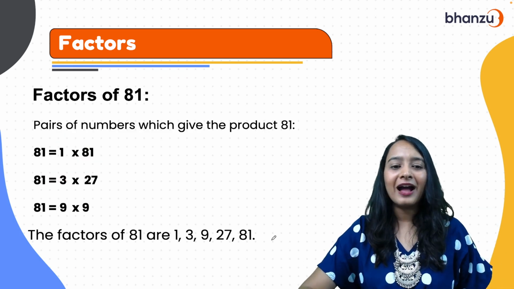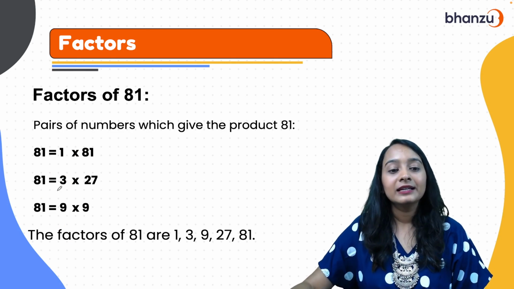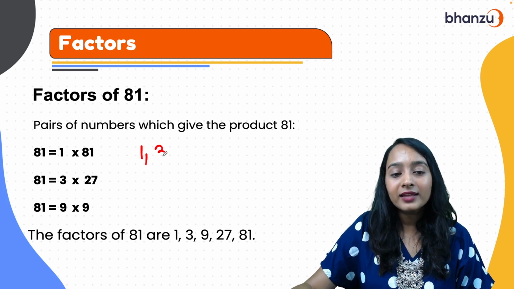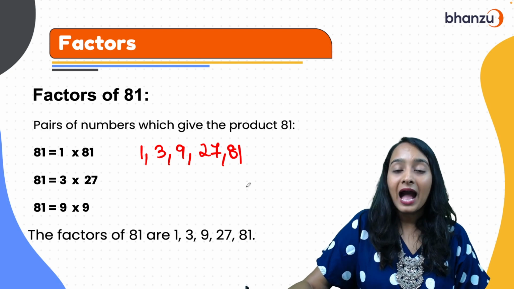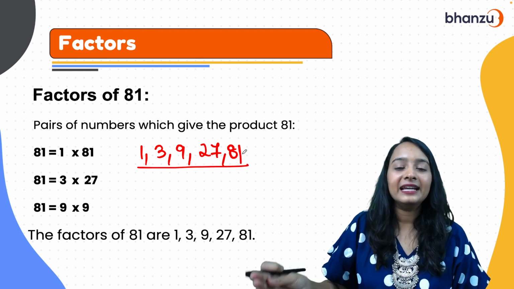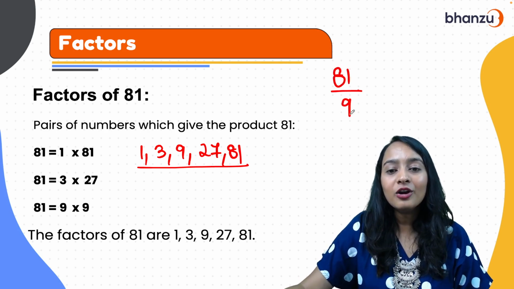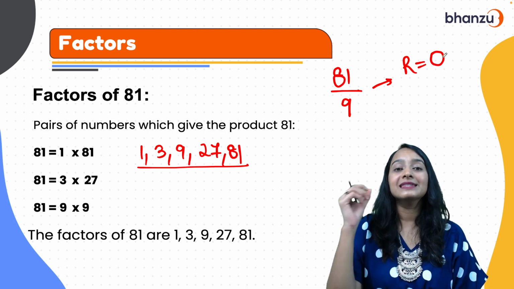Let's talk about the factors of 81. I can write it as 1 into 81, 3 into 27, 9 into 9. So the factors are 1, 3, 9, 27 and 81. I can say that these numbers exactly divide 81. That means, if I divide 81 by any of these numbers, I will get the remainder to be 0.